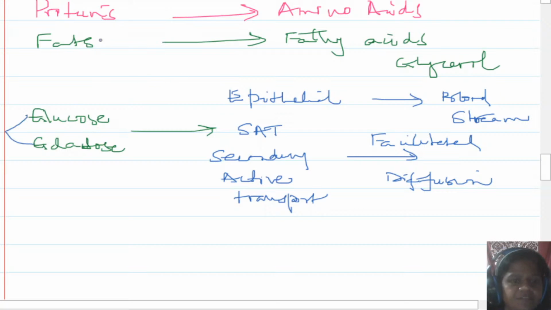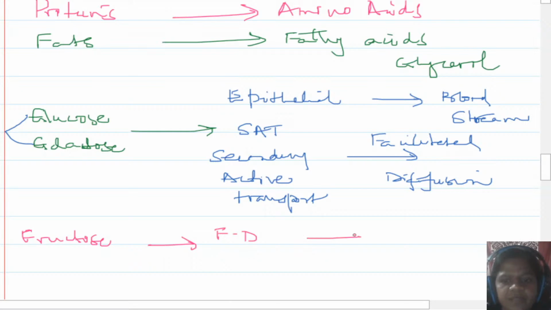Now there's one more left, right? The end product, fructose. Fructose goes into the epithelial cells through facilitated diffusion. From there into the bloodstream, it still goes through facilitated diffusion. So the mechanism of the absorption of fructose is simple. It goes through facilitated diffusion.